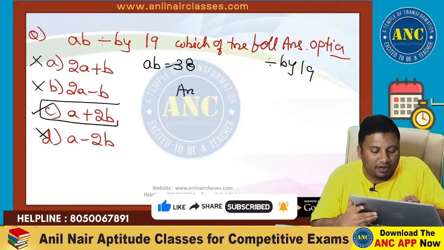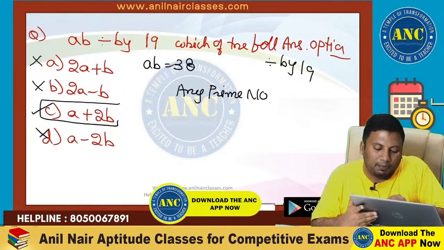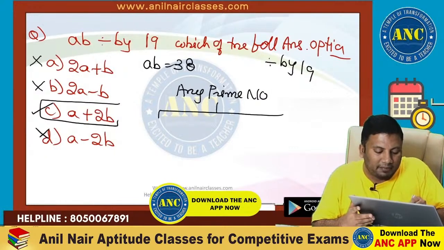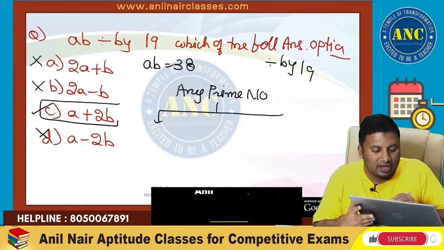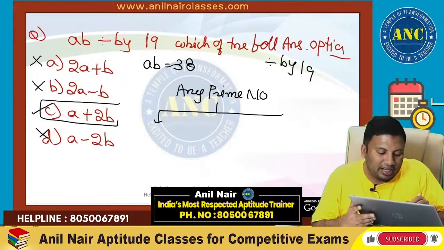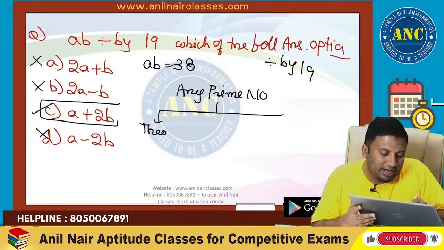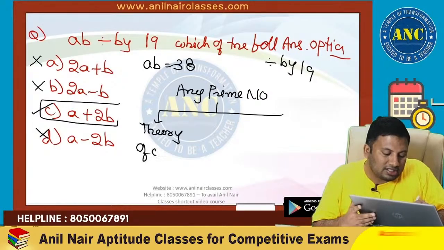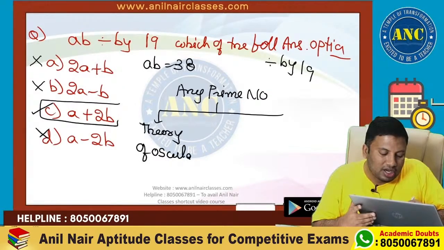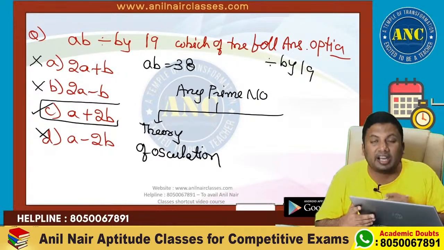Divisibility rule of any prime number can be done in multiple ways. One is you can find the divisibility rule of any prime number using the theory of osculation. As the number of digits increases, the osculation concept will take more time.